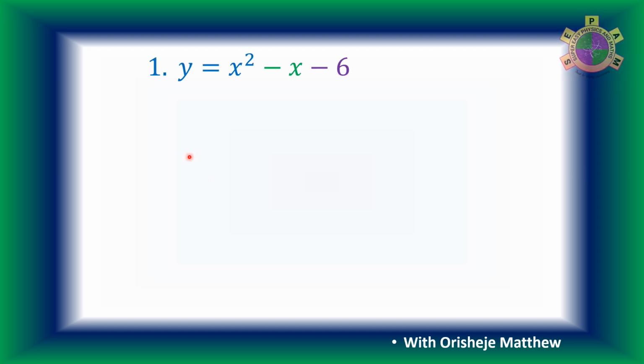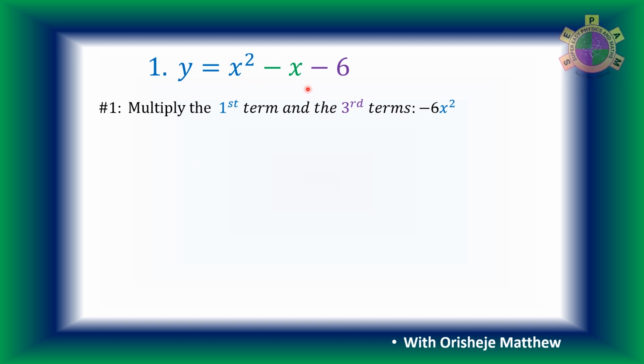Factorize y equals x squared minus x minus 6. First thing to do, you multiply the first term x squared and negative 6. That will give us negative 6x squared.